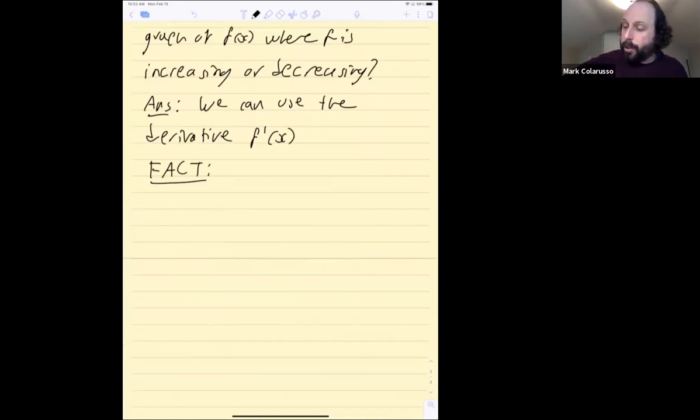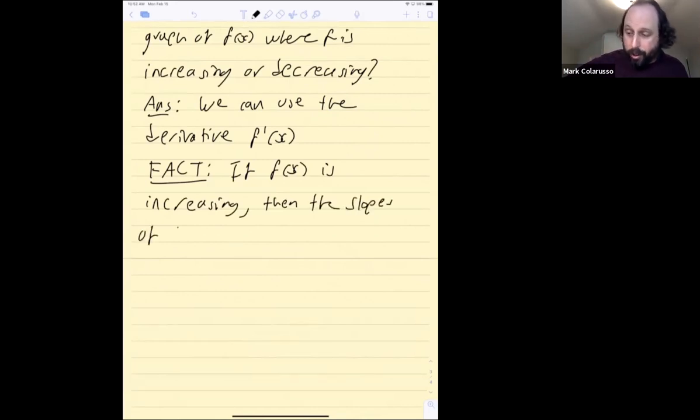If f at x is increasing, then the slopes of the tangent lines to f are positive.